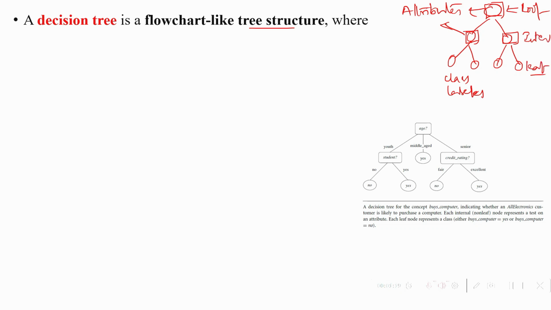Leaf nodes represent the class labels, while intermediate and root nodes represent the attributes, and we are going to test some condition on the attribute values. Based on this attribute condition value, we are going to check the other subsets. This type of representation is called a decision tree.